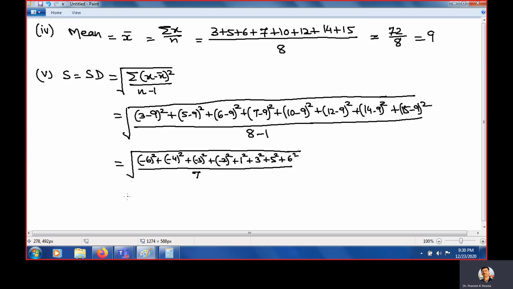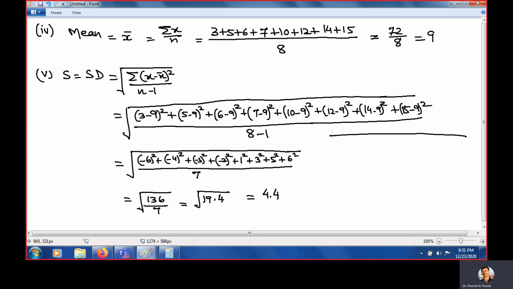With the help of a calculator, if you calculate it, you will get 136 upon 7, and that is equal to 19.4. And if you calculate the standard deviation, meaning square root, it is 4.4.